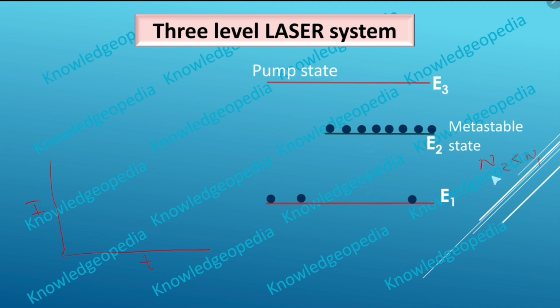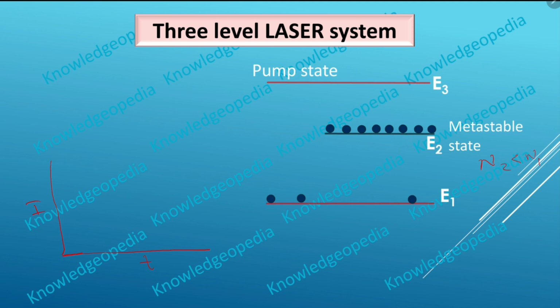Initially E2 was empty, so N2 was less than N1, so there is no population inversion. If there is no population inversion, the output is 0. So initially the output was 0. But after some time, when the atoms move from E1 to E3 and come down to E2 and accumulate there, population inversion takes place.